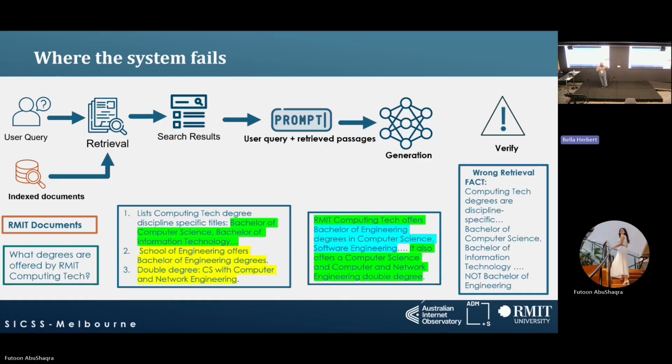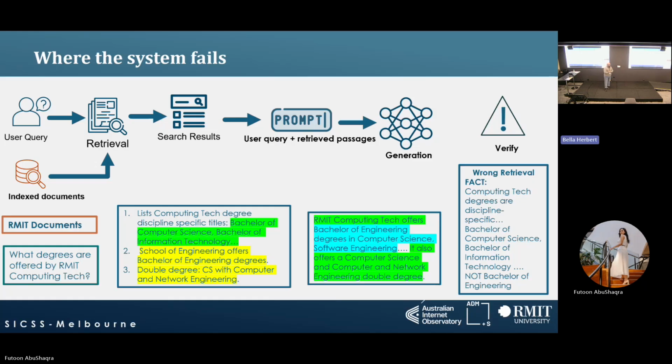The first one, I'm going to reveal what the problem is here. If you read through the final answer and the retrieved results, you'll see that because of a problem in the retrieval phase, that is, when you searched, you picked the wrong documents, and that impacted the final response given. The correct answer is Bachelor of Computer Science, Bachelor of Data Science, and so on.